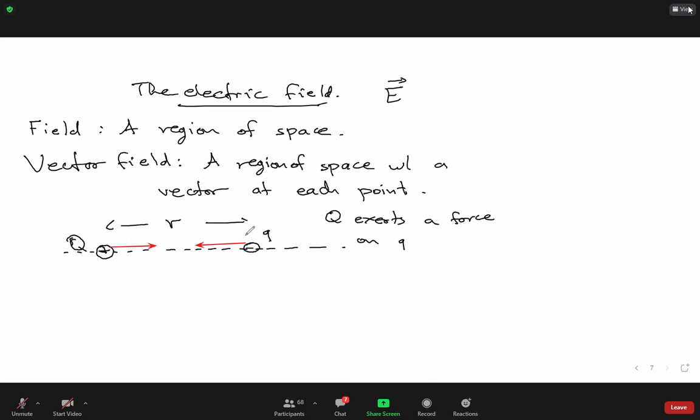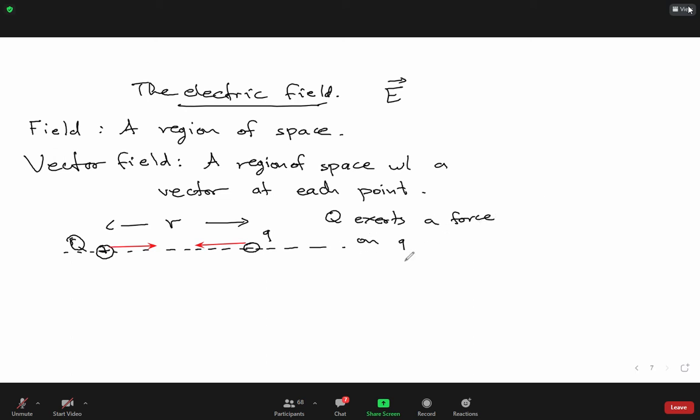We're assuming, by the way, that every charge is fixed. They're not moving around. They're nailed to the paper or the screen or whatever you happen to be writing on. All charges are at rest. So somehow little q knows that big Q is there. And you might ask, how does little q know that big Q is there? That's actually a very good question. It's a very simple question to ask, but it's not by any means obvious how to answer it.